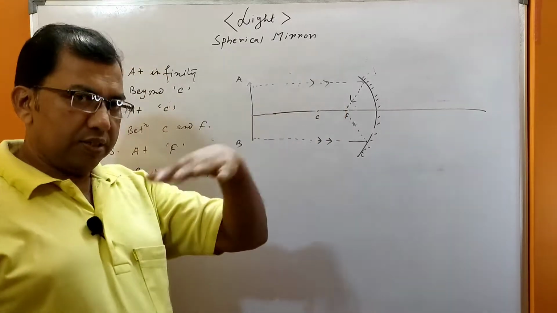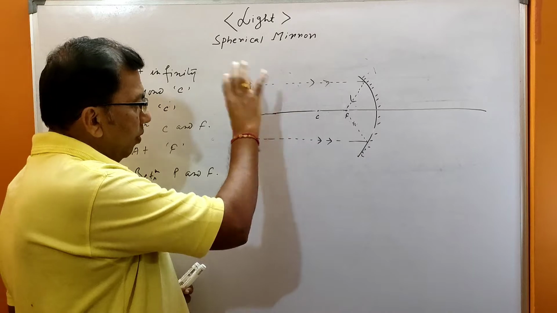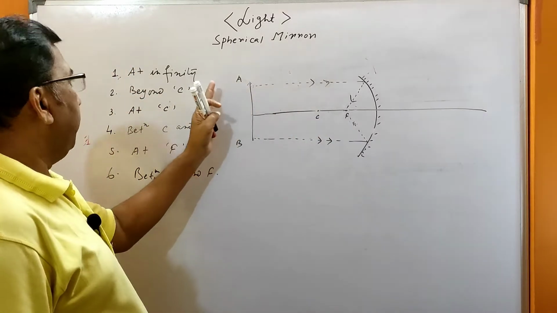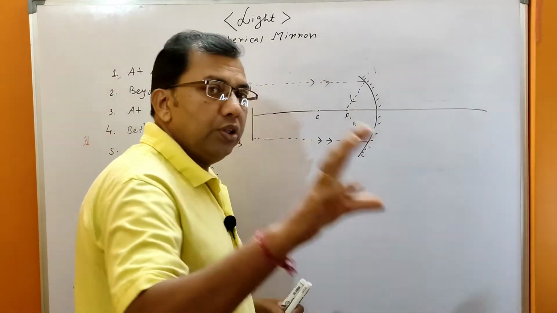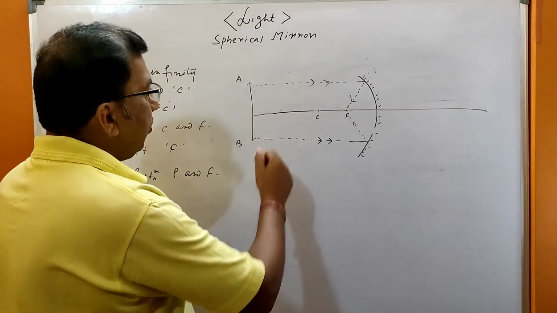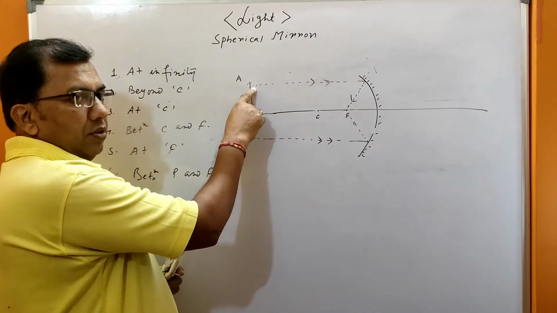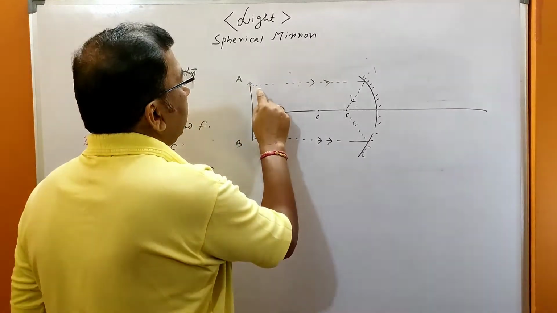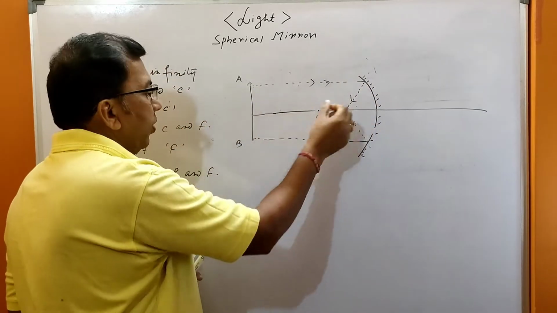So now let's discuss one by one. Suppose an object AB is situated at infinity. You have to find out where the image will form. From infinity, from A and B, a ray of light passes parallel to the principal axis, so it will pass through the focus.